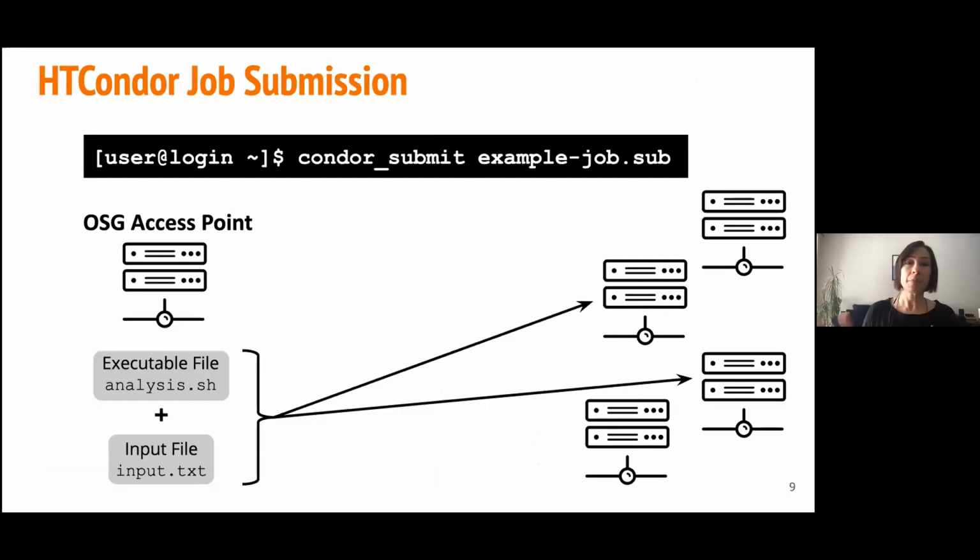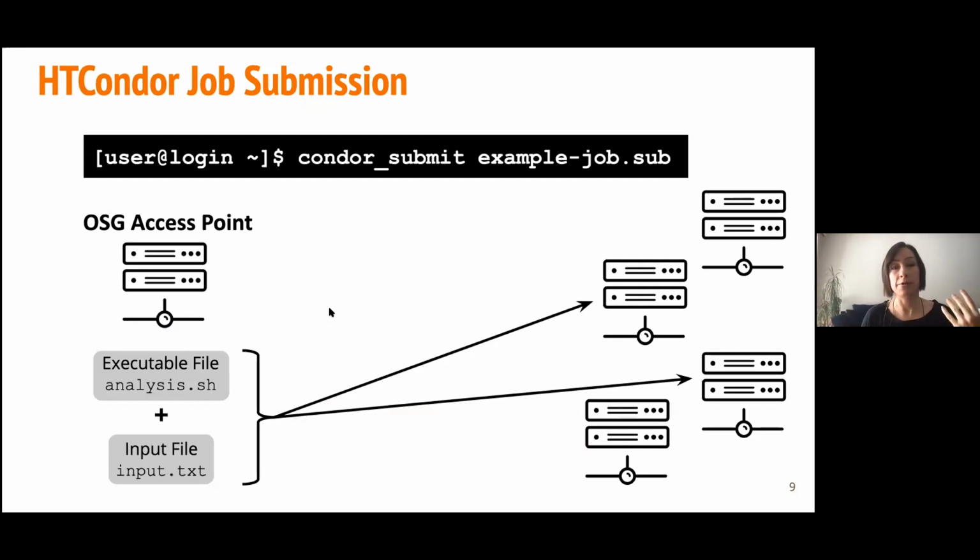Okay, so once you have your submit file set up, you would use the HTCondor command, condor_submit, provide the name of the submit file for that job, and hit enter. And at that point, HTCondor takes over managing the job, finding the appropriate resources to perform that work.